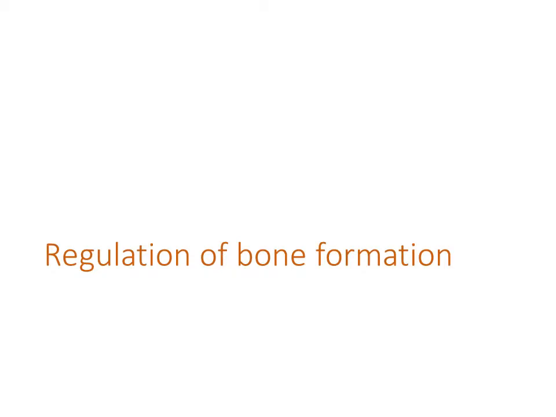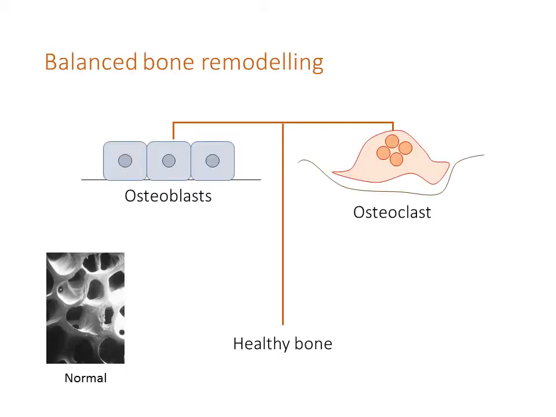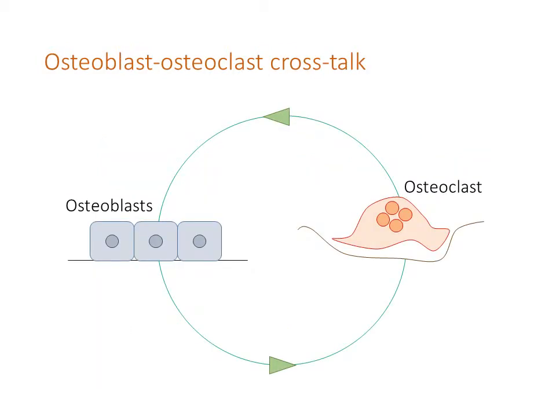What about the regulation of bone formation? During bone remodeling, the activities of osteoclasts and osteoblasts must be balanced to keep a healthy bone. This is due to a tight crosstalk between these two cell types, with the osteoblasts that regulate osteoclast activity and the osteoclasts that regulate osteoblast activity.